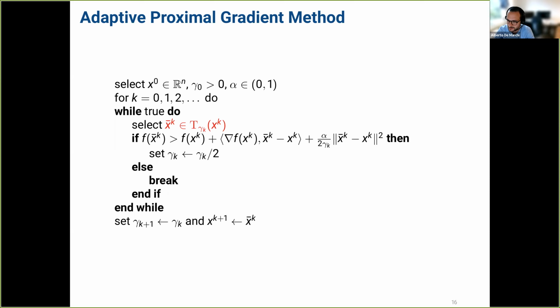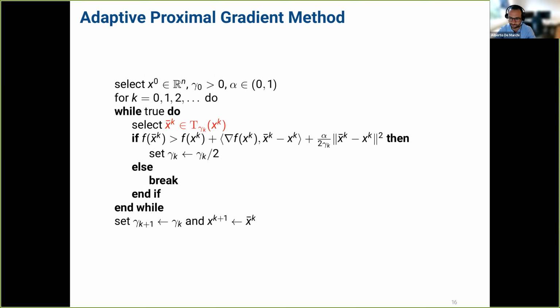Here we check this quadratic upper bound on f around x_k. If this is not satisfied, then we have to make gamma smaller, so we try this backtracking procedure, and this will eventually stop when gamma_k is sufficiently small, because f is at least locally Lipschitz continuous, so its gradient is locally Lipschitz continuous. Then we take the step for that gamma, and we accept x bar k and continue to the next iteration.